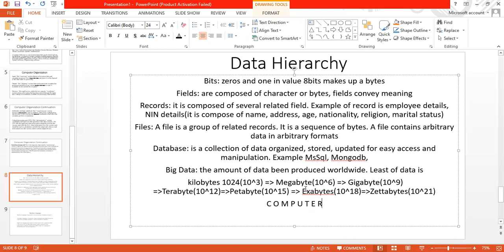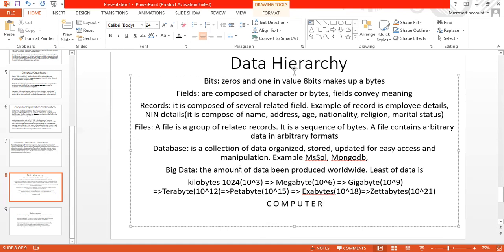When all these come together, they are known as a field because they give meaning. Don't forget, a field conveys meaning. But a character is just a single thing like C, O, N.